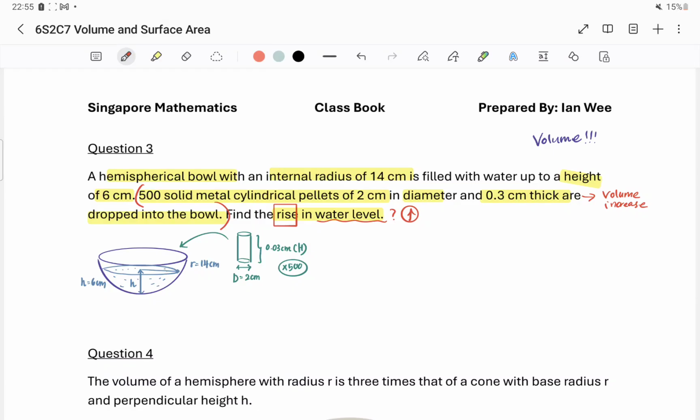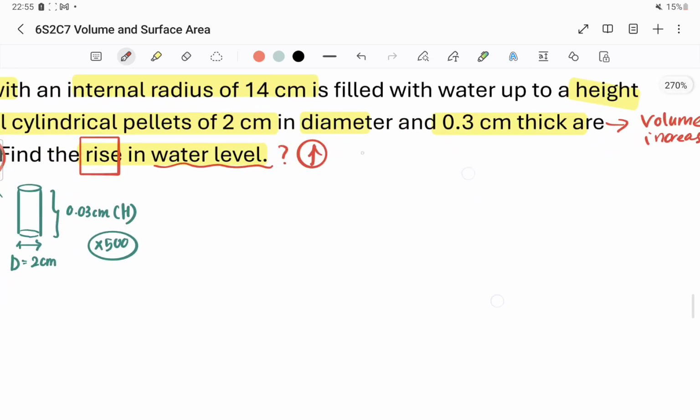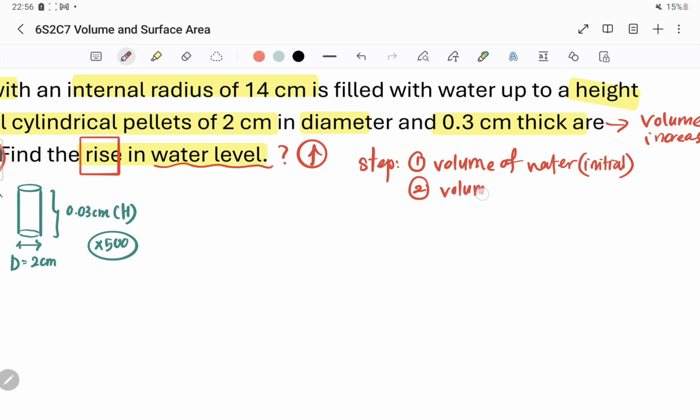So what do you think you should find? First thing, you need to find the original volume of the water in the bowl. Second, find out the volume of the 500 pellets that are being added into it.